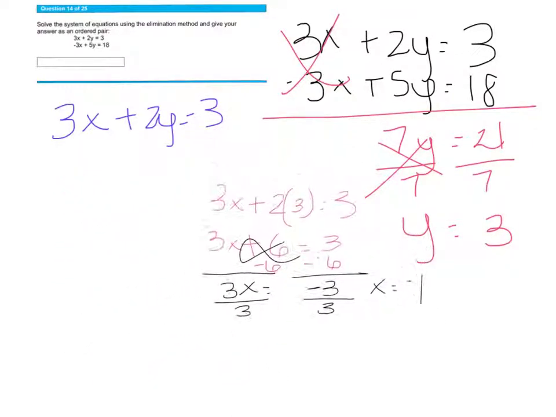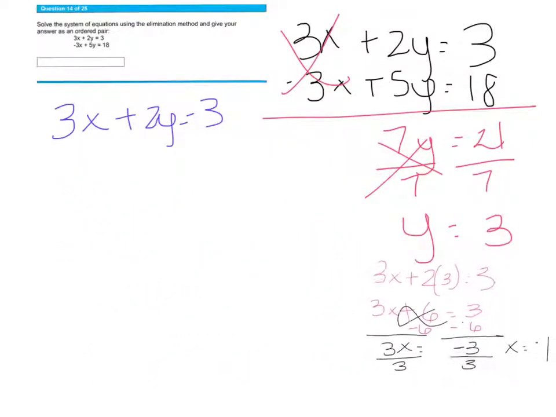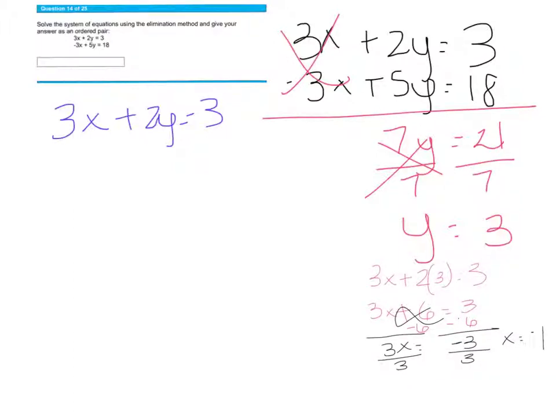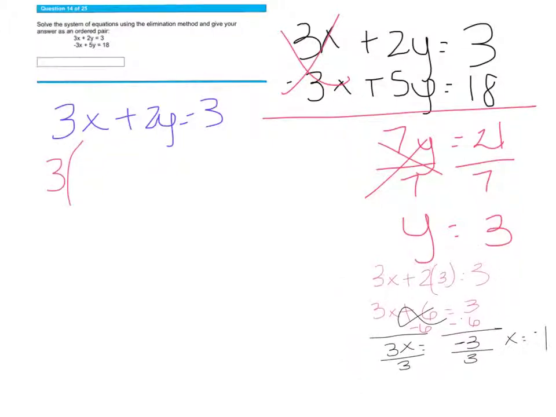A way to check this, just to make sure you are correct, is to substitute those values of x and y into one or both of the equations to make sure they equal what they say. So again, I'm using 3x plus 2y equals 3, plugging in x equals negative 1 and y equals 3.